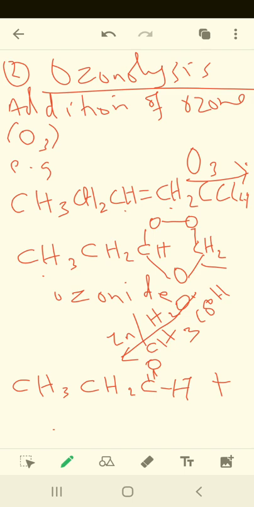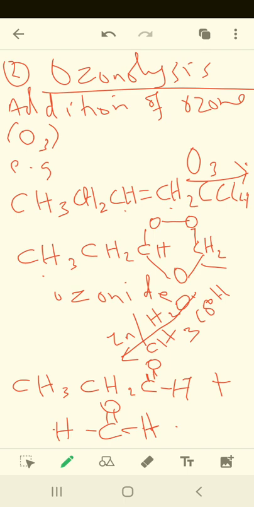So one hydrogen here, and the carbon. That is the product of ozonolysis, and that is how the reaction of ozonolysis takes place.